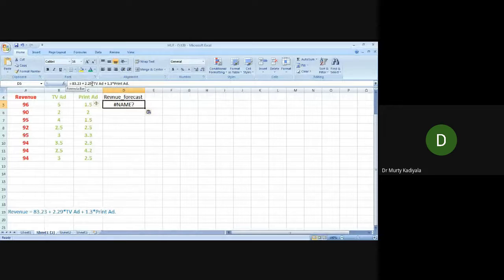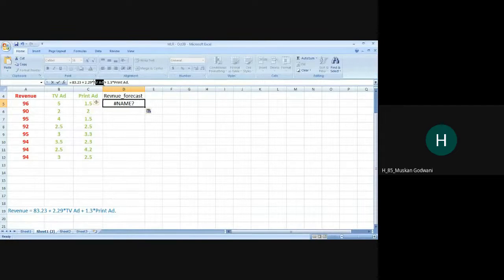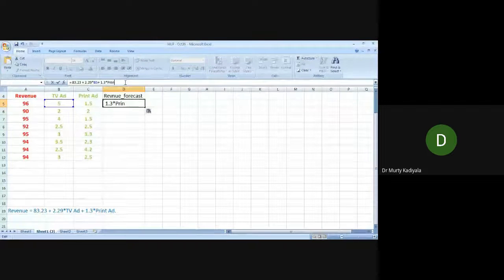Now, in place of TV ad, what number do we have to give? 5. In place of print ad, 1.5. Correct?